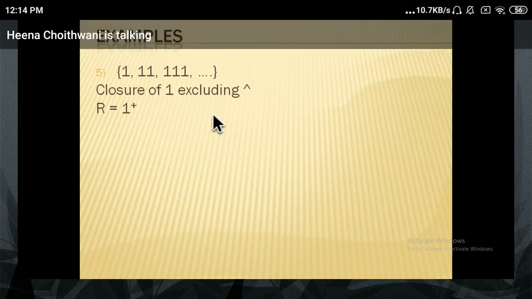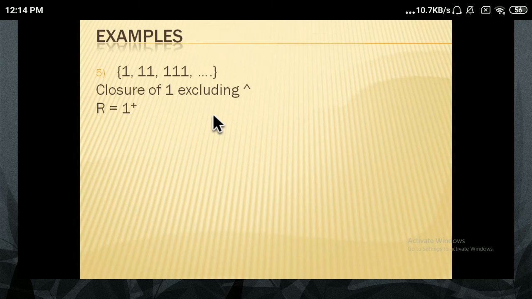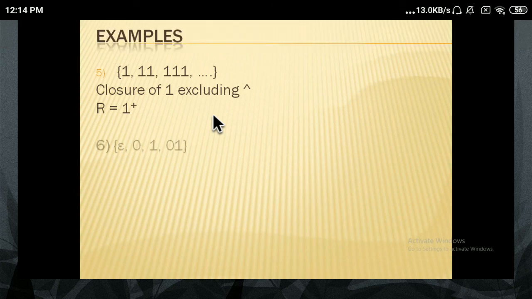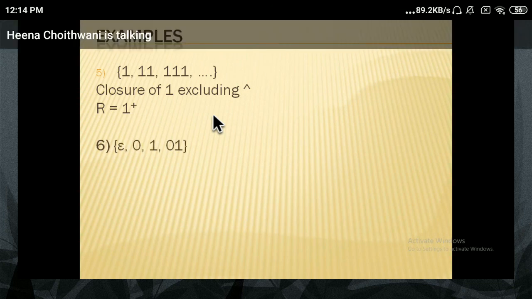Justify your answer: you can write down that star closure of 1 is a regular expression and epsilon is also a regular expression, right? So the positive closure of 1 also will be a regular expression. Okay. Let's look at another example. What about this?